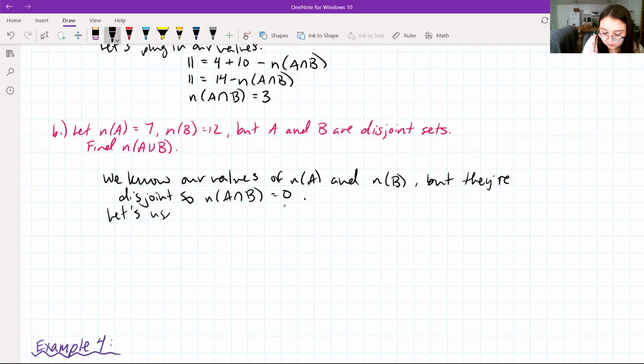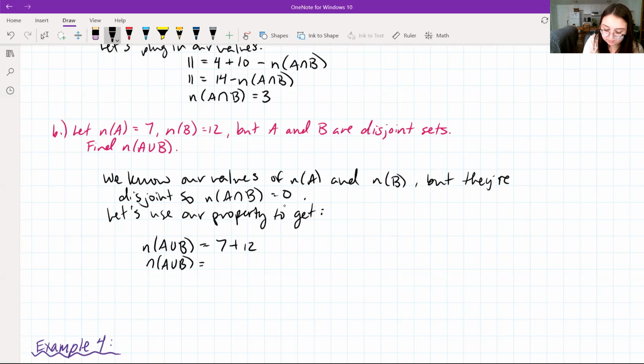So let's use our property, and we essentially just get N of A union B is equal to N of A plus N of B, or N of A union B is equal to 7 plus 12, so we get that N of A union B is equal to 19.